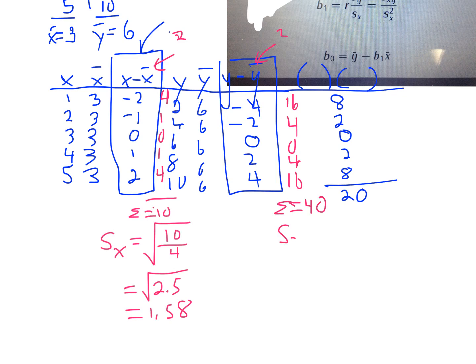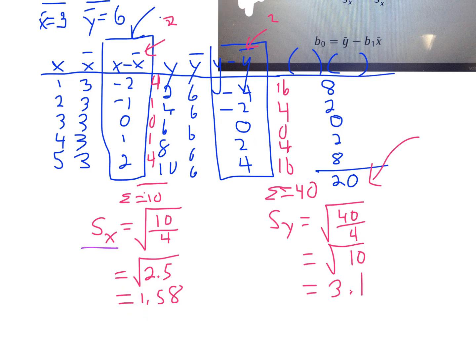Here SY is the square root of 40 over 4, so that's the square root of 10, and that's approximately 3.1, I think. So I've got those values, I've got my covariance, and I'm ready to jump into the formula that we were looking at and fill all those numbers in.